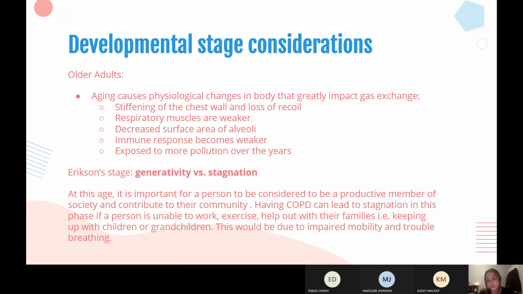They want to succeed in their jobs, and they want to be able to help with their families. Maybe they want to run around with grandchildren or their children, and having COPD can really impede that. So that leads to stagnation. So we want to make sure that Barry has this managed so that he's able to do those things.